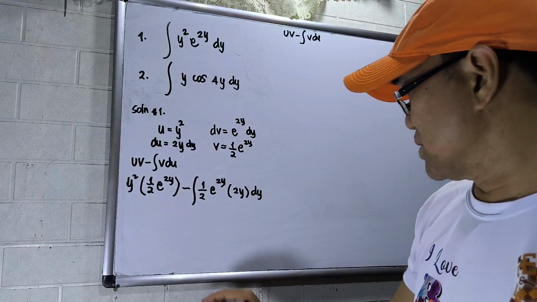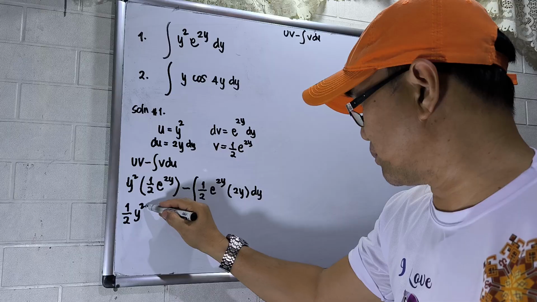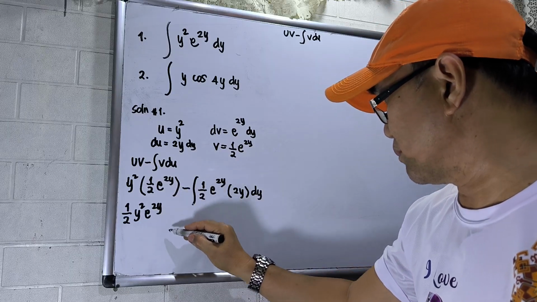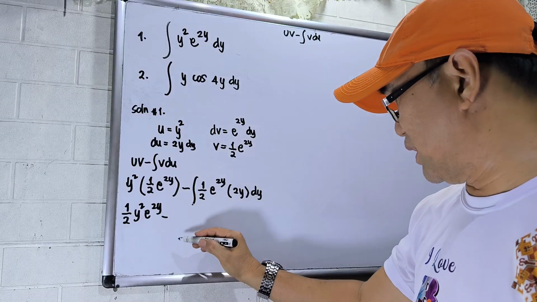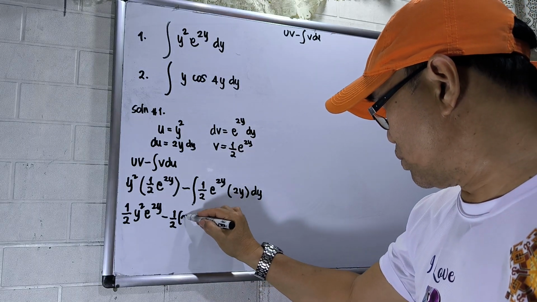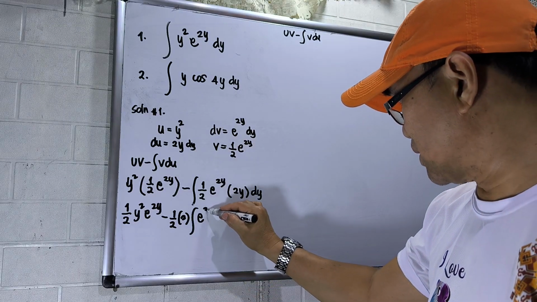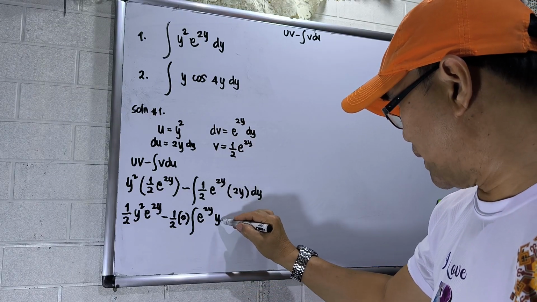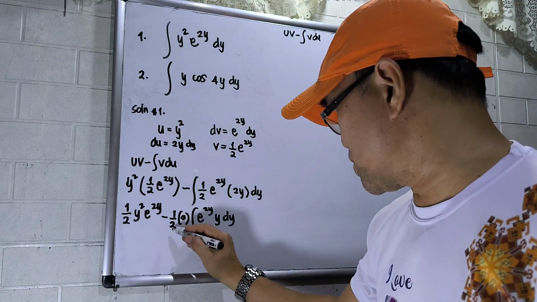So I have here 1 over 2 y squared e to the 2y. Then minus, I will place the constant before the integration symbol. So this will be 1 over 2, and then this will be 2, then the integral of e to the 2y times y dy. So this will be crossed out.